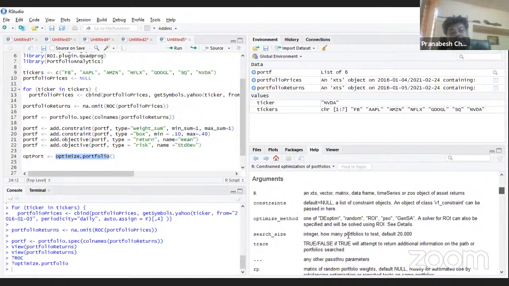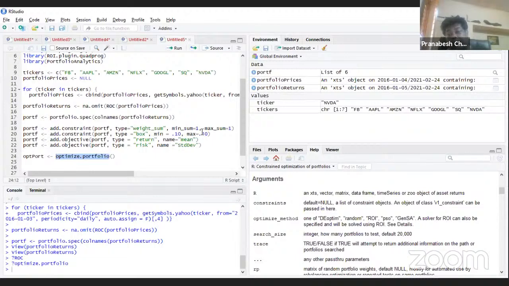When we give these constraints and objectives, it will try creating different portfolios based on these constraints. It can go on assigning 0.111 in one, 0.12 in another, 0.23 in another, so you have multiple different combinations. But you want to limit it to a certain level.